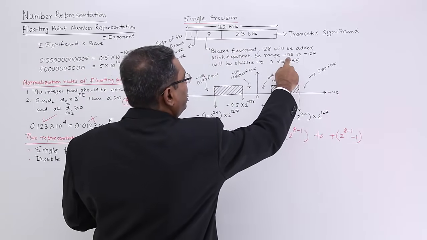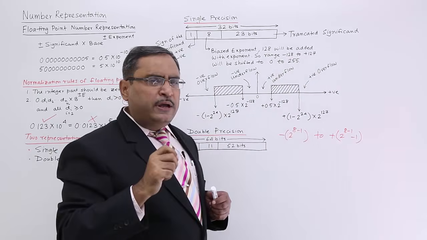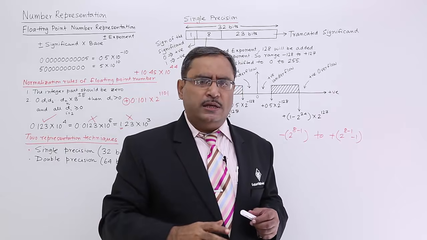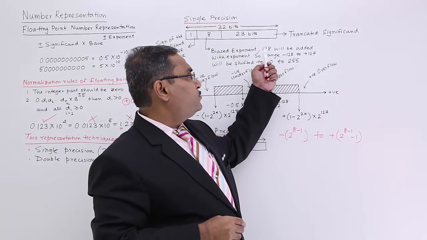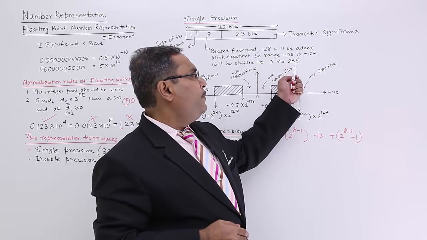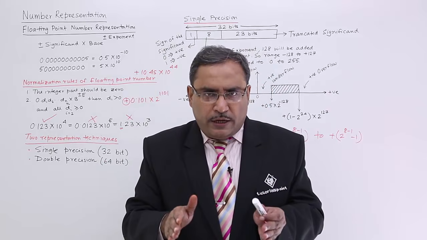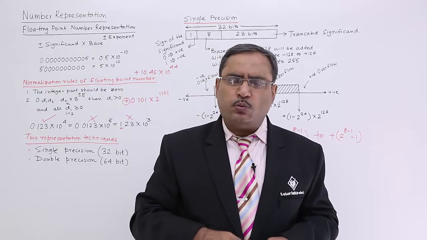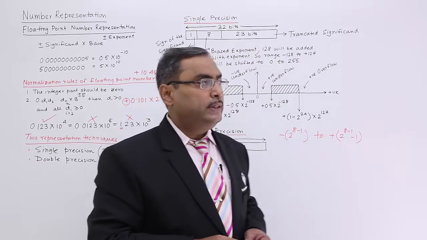So, the exponent can range from minus 128 to plus 127. Now, if we add 128 unconditionally, you are making it biased. Then minus 128 plus 128 becomes 0 and plus 127 plus 128 becomes 255. So, the whole range shifts towards the positive half. So, that is known as the biased exponent. That means, whatever exponent value you have, you add 128 to that.